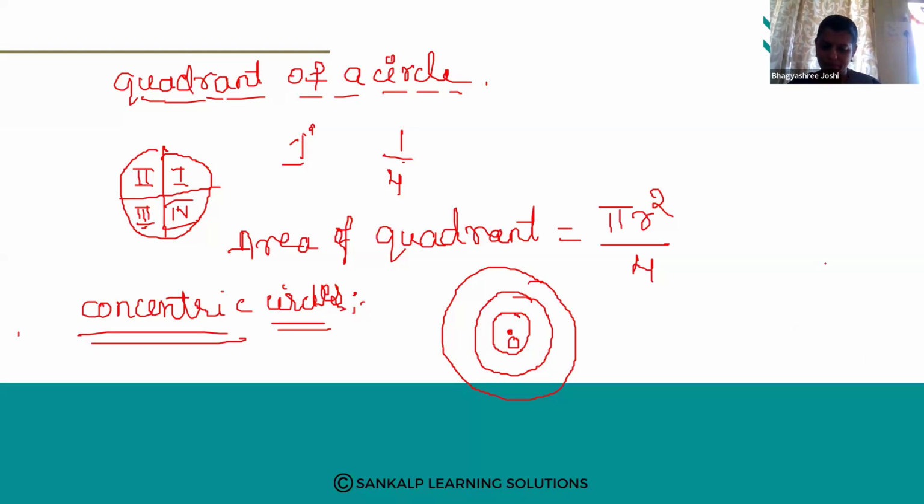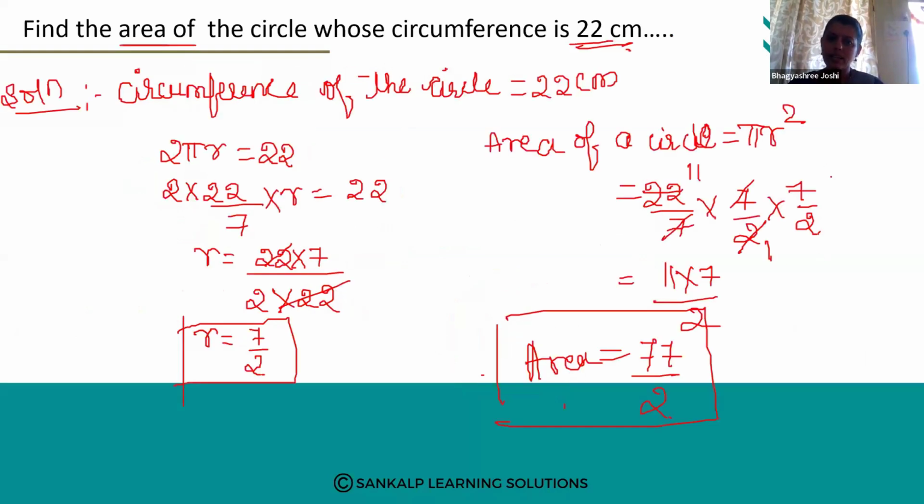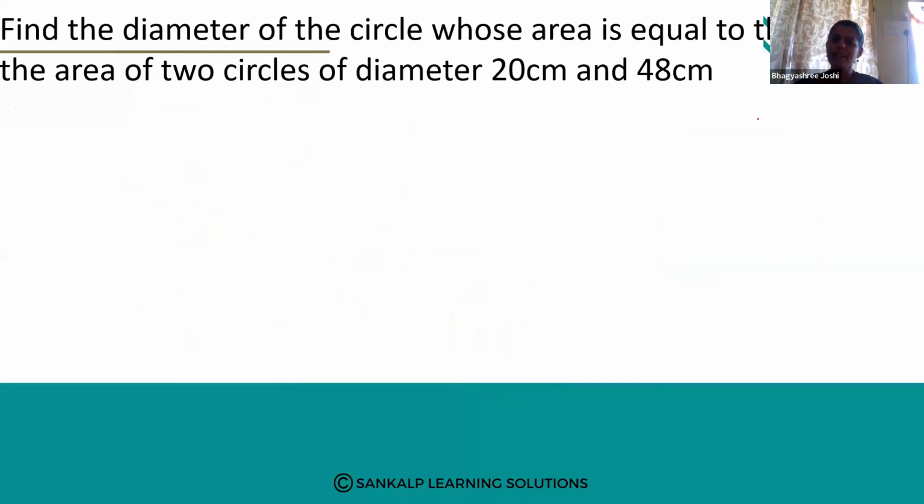Next. Find the diameter of the circle whose area is equal to the sum of the area of two circles of diameter 20 centimeter and 48 centimeter. Observe carefully what they have given in the question. The diameters of the two circles, 20 centimeter and 48 centimeter, they have given, right?